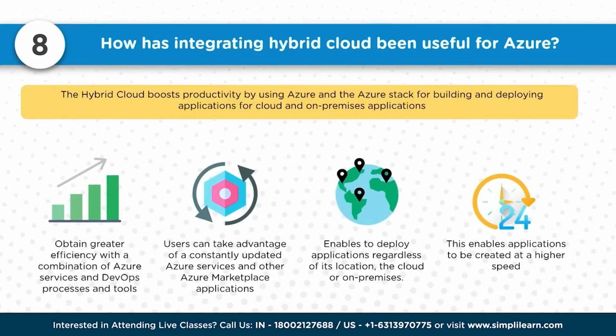The other benefit is that with a hybrid cloud environment, we can simply deploy applications regardless of location. In case of on-premises, we'll have to worry about the location, but when we expand our on-premises environment into the cloud, we can pick any of the locations and simply deploy in them. And this enables applications to be created at a greater speed.